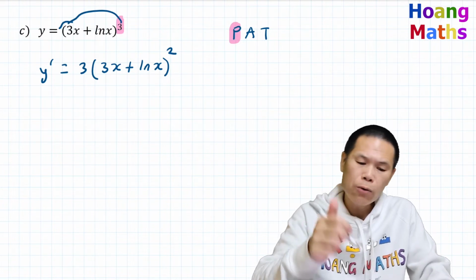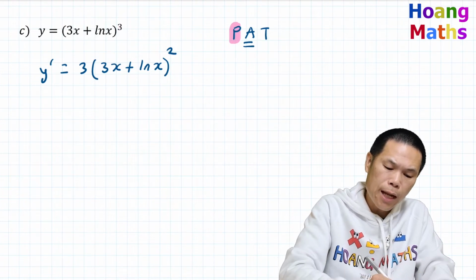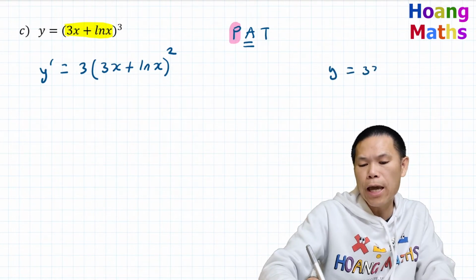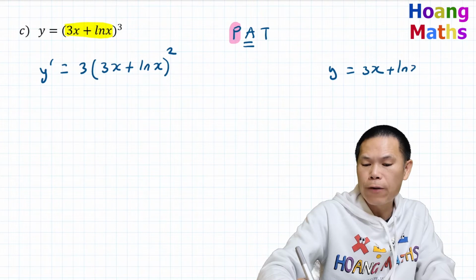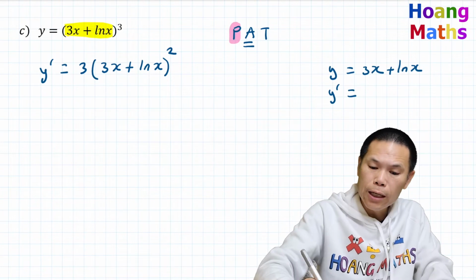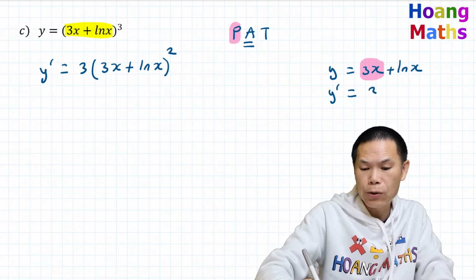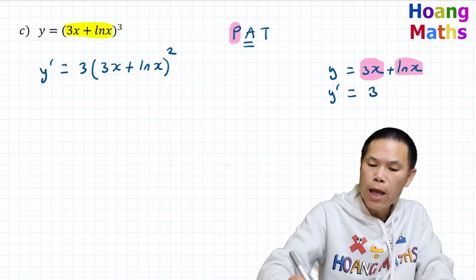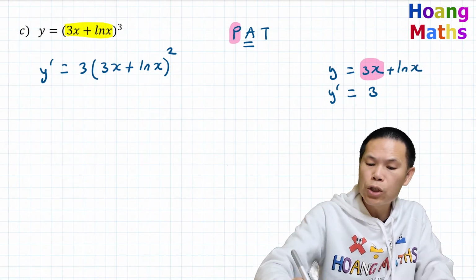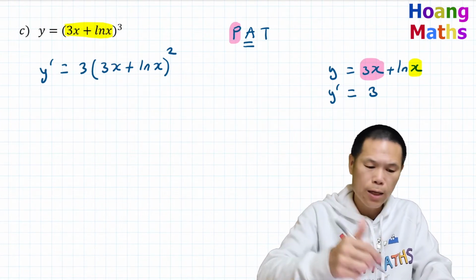And then what we need to do now is the angle here. In this case, we treat this as an angle. So y is equal to 3x plus ln of x. So dy dx, or y dash: we differentiate 3x, this term here, that gives me 3. And then we differentiate ln of x, which means we differentiate x and put it over x. Differentiate x is 1, so 1 over x.